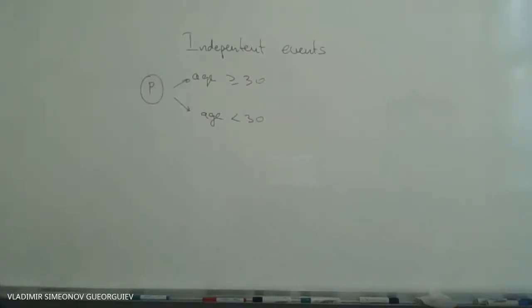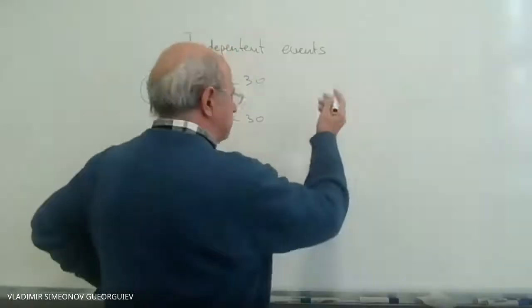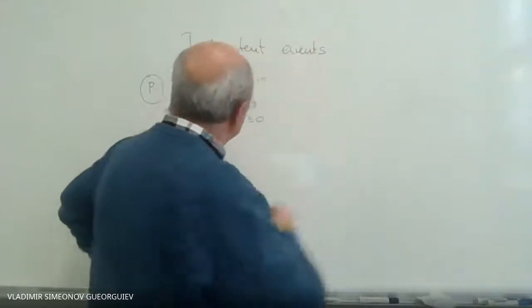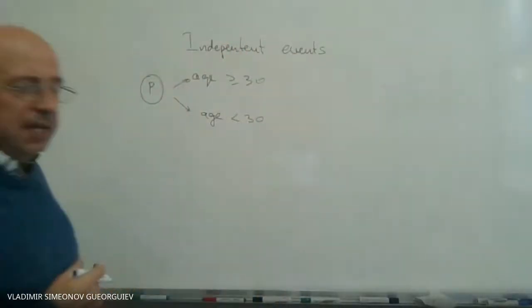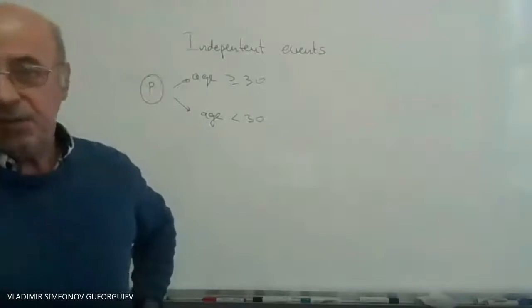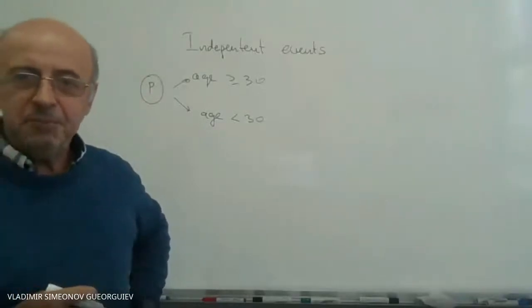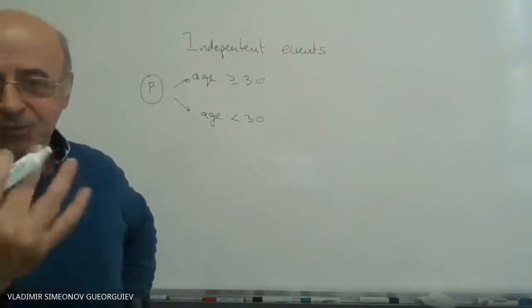On the other hand, you can say, okay, another event should be about the person. For example, let's switch from health to salary, because salary is probably something better to be accepted.